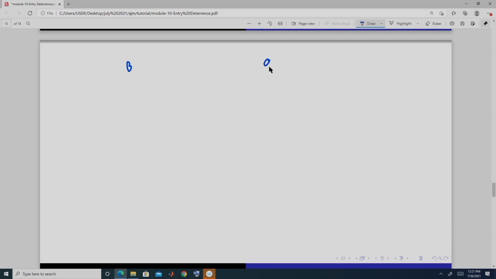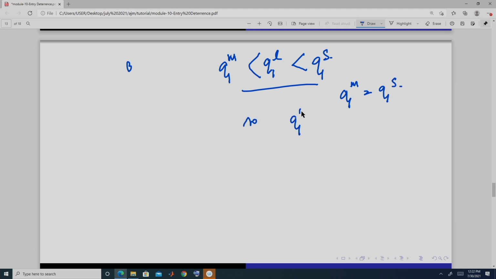Here Q1L is greater than N. Okay. Now, we had taken one more case, it is like this, but we know in our case it is equal to. So, we will have only this case.